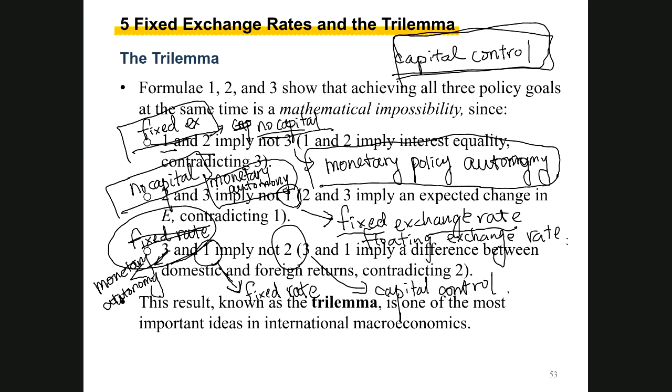All right. So, for example, the Chinese economy, their foreign exchange policy is more like this. The Central Bank of China can control their monetary policy. They could print the amount of money if they want.